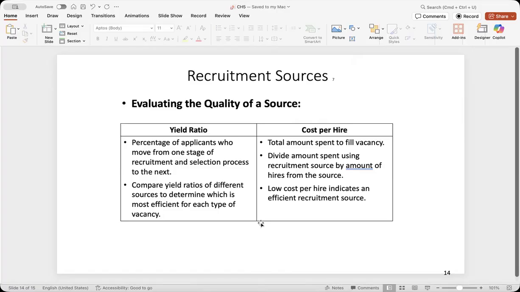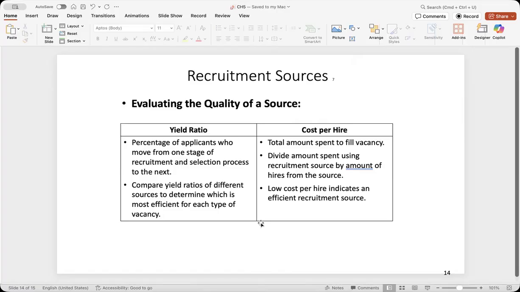And so what you want to look at is what percentage of those applicants that you brought in moved on. If you brought in 100 applicants and half of them moved into phone screen, well, that's a 50% yield ratio. But then at the end, if only two made it and you offered 1 to 1, right?